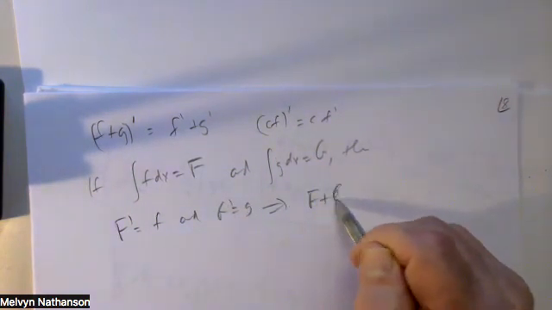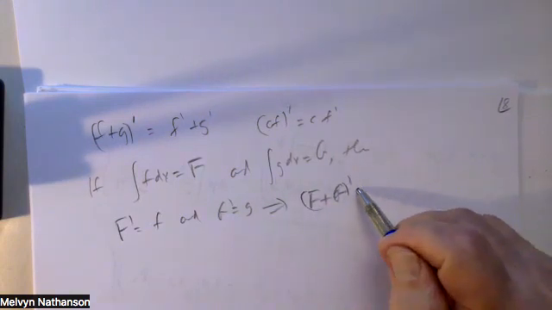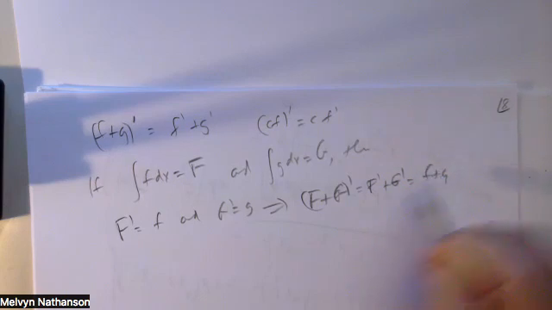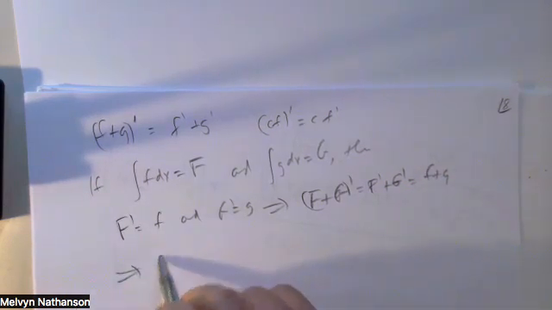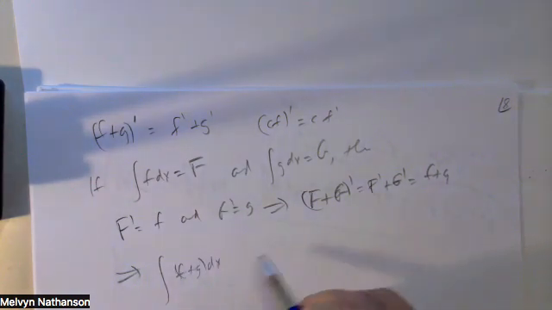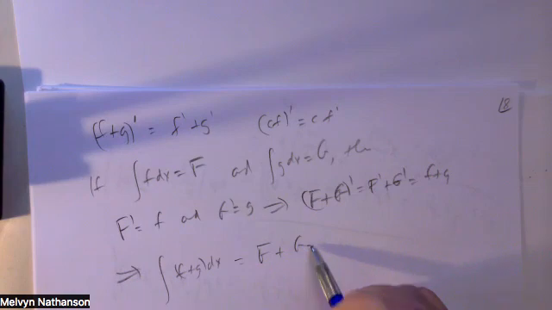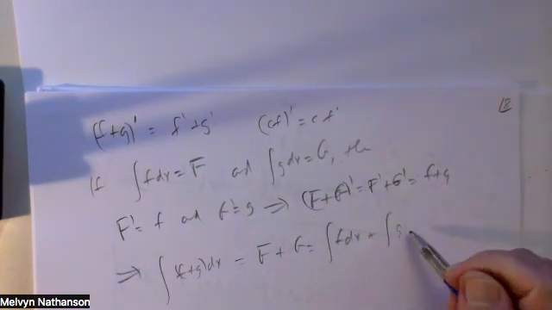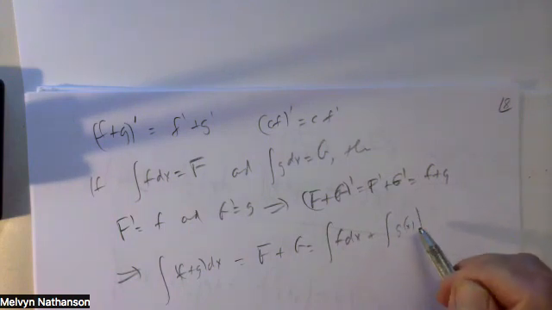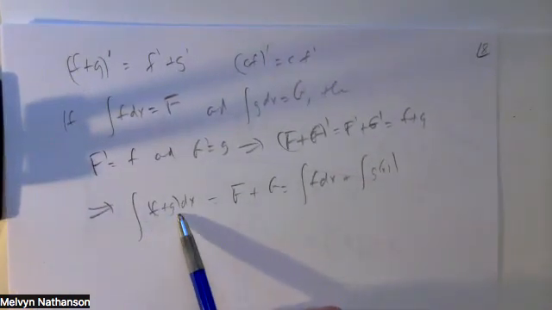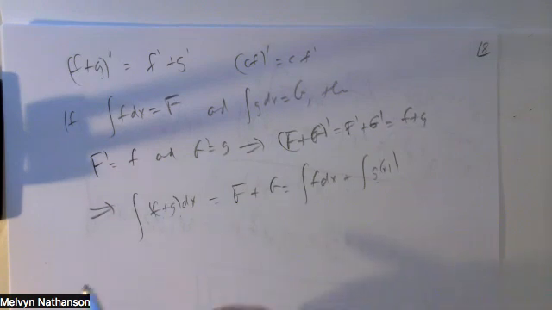So F plus G prime equals F prime plus G prime, which is f plus g, which means the antiderivative of f plus g is F plus G, which is the integral of f plus the integral of g. So we have this very nice additive property for integrals. The integral of the sum of two functions is the sum of the integrals.